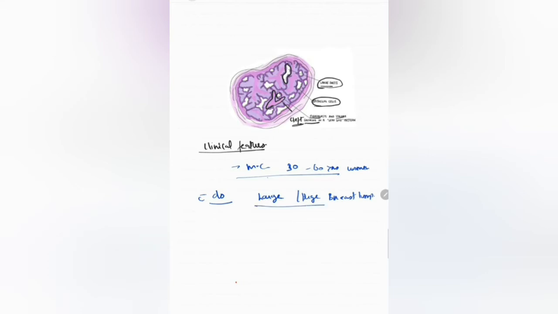Even though it is large, it is mobile. Since it has a huge volume, the breast lump can undergo pressure necrosis, sometimes ultimately leading to ulceration. It's also possible.